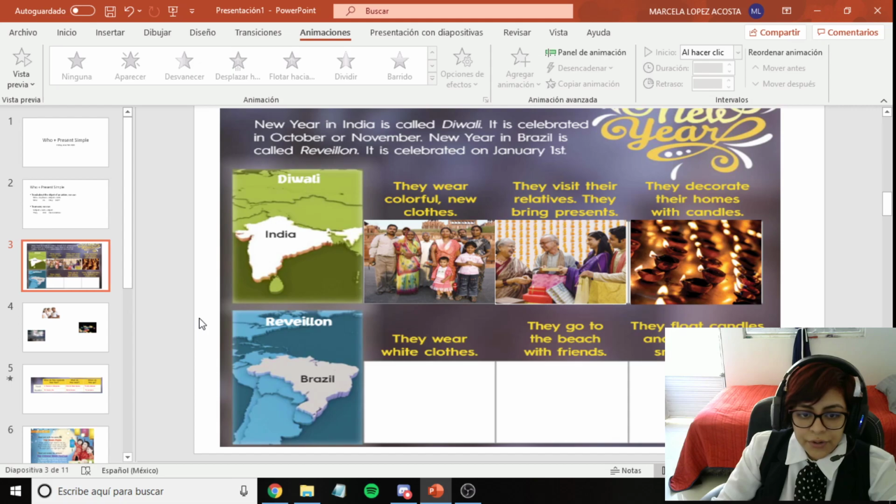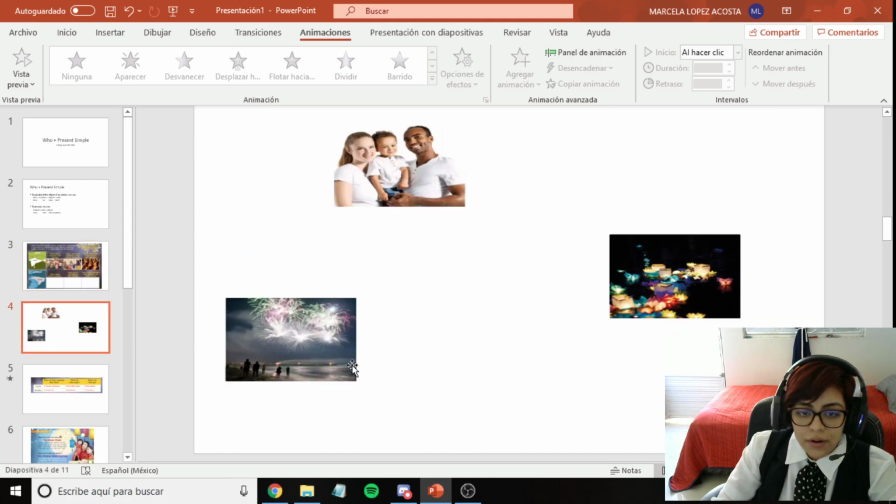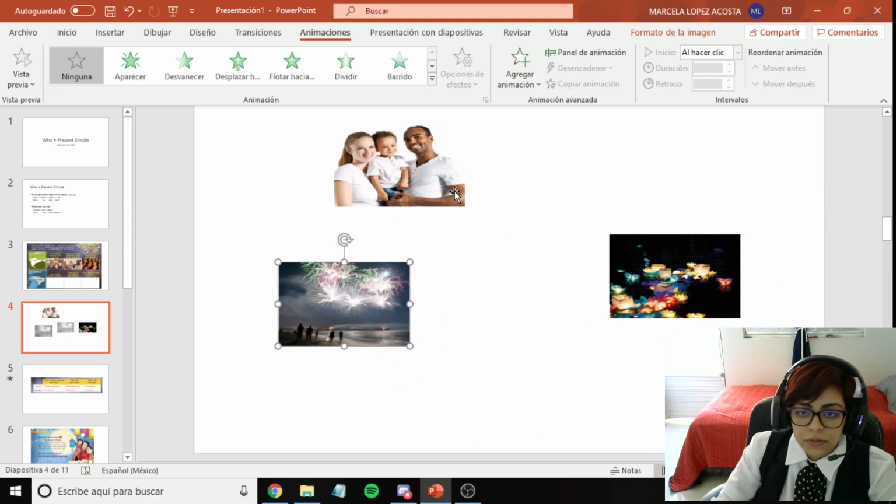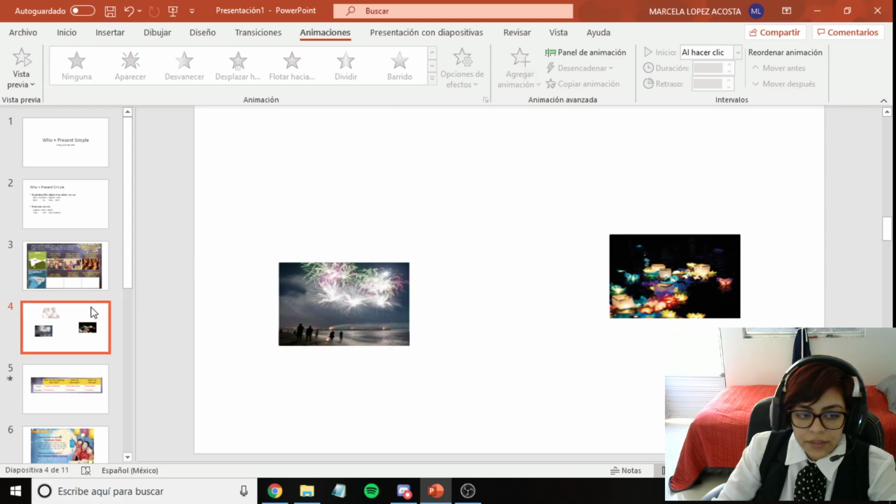And now we are going to go to Brazil, to Réveillon. Now we have, they wear white clothes in Brazil. Where do they wear white clothes? What people are wearing white clothes? Right here, right?